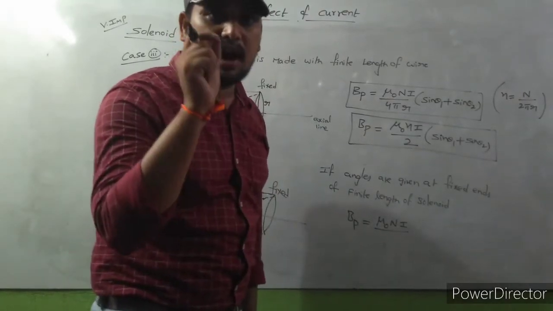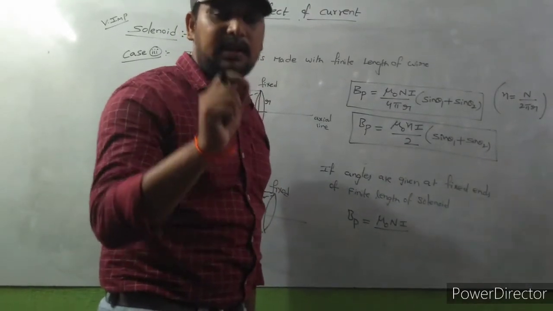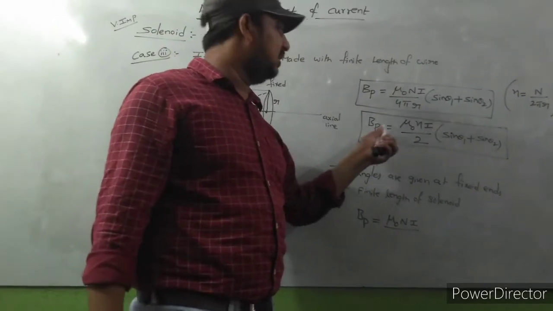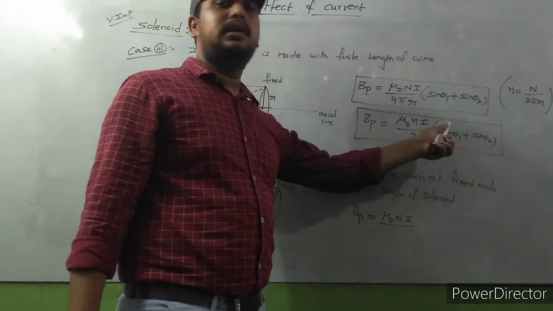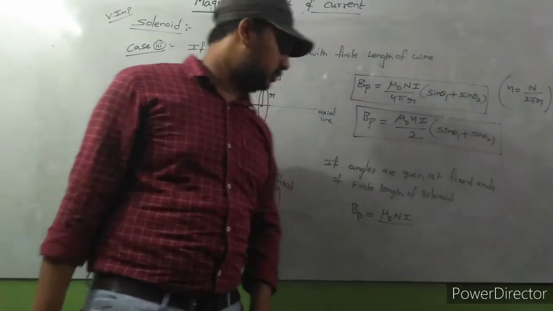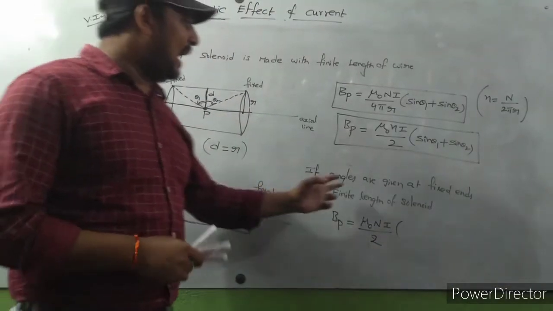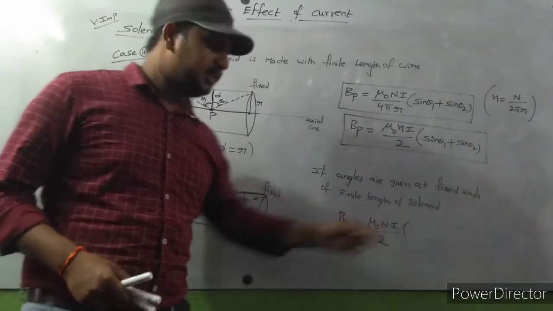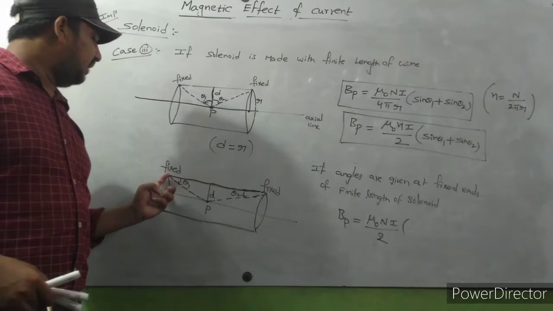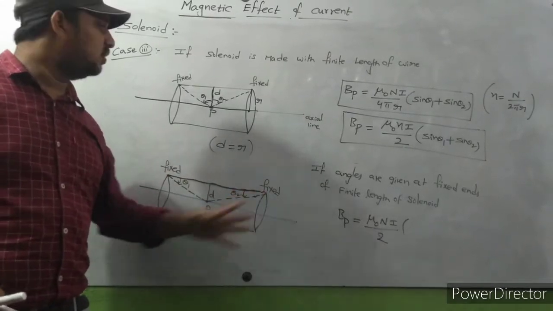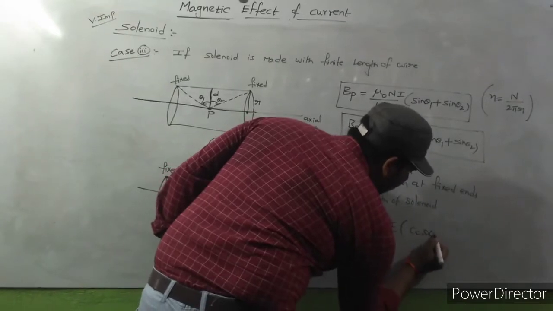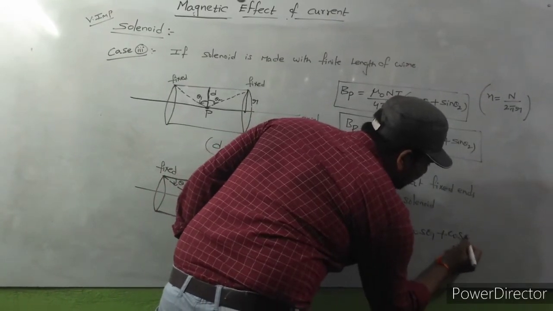If a solenoid is made with a finite length of wire, then the magnetic field at point P is equal to mu naught n i by 2 into sin theta 1 plus sin theta 2. Well, if angles are given at the fixed ends of a finite length of solenoid, these are fixed ends, that time we'll apply mu naught n i by 2 into cos theta 1 plus cos theta 2.